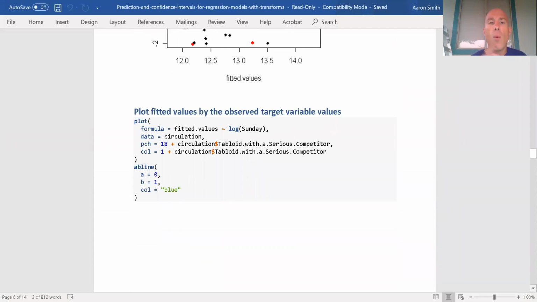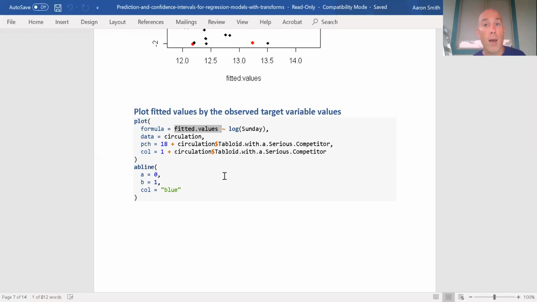Okay, so now we want to plot the fitted values by the log of the target variable. Now, why do I do this? Remember that these need to be on the same scale. If I've got a good, solid model, this will look like a straight line. If I have more than one predictor variable, it's not as direct. Let's say I had five predictor variables. If I wanted to do fitted by the first, and fitted by the second, and fitted by the third, and so on, that's a lot of plots to look at.